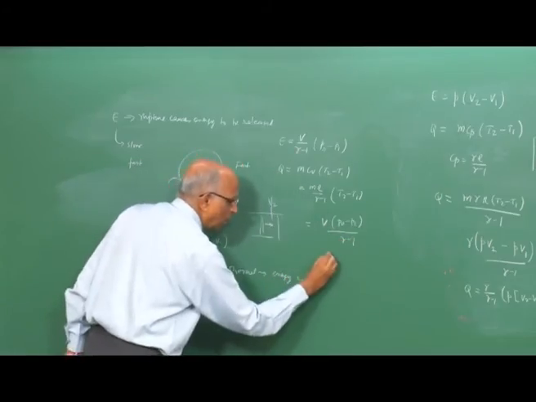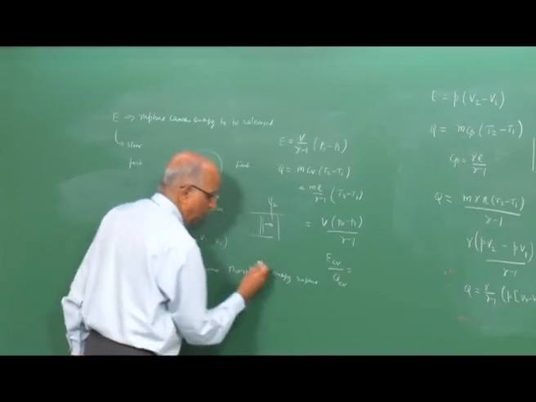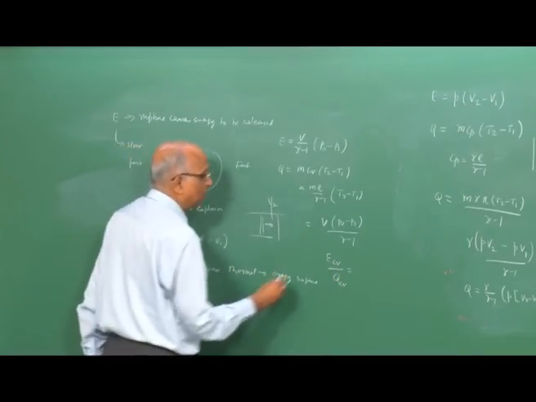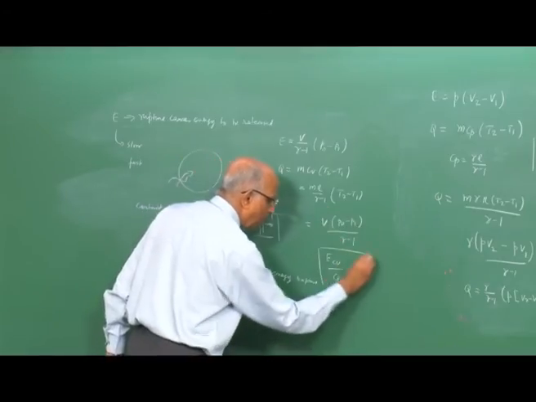Therefore, for constant volume, the energy released divided by the thermal energy required is equal to 1.